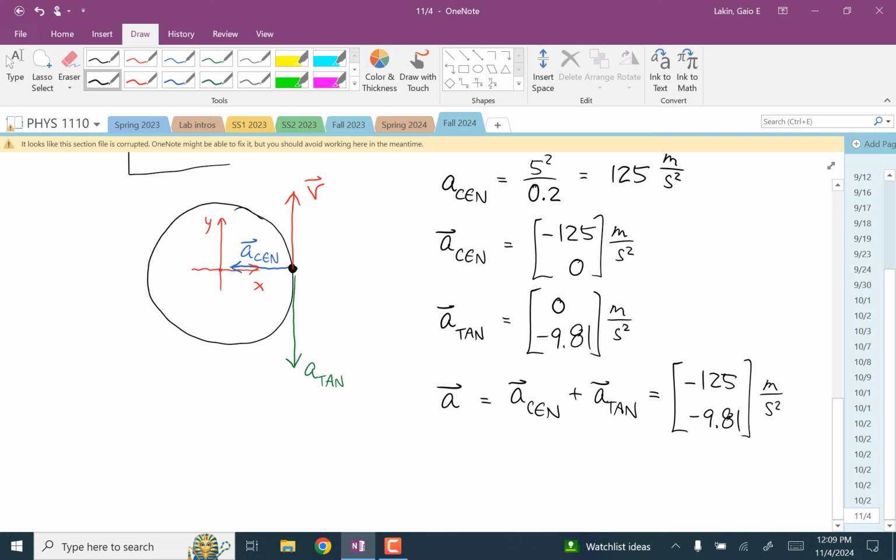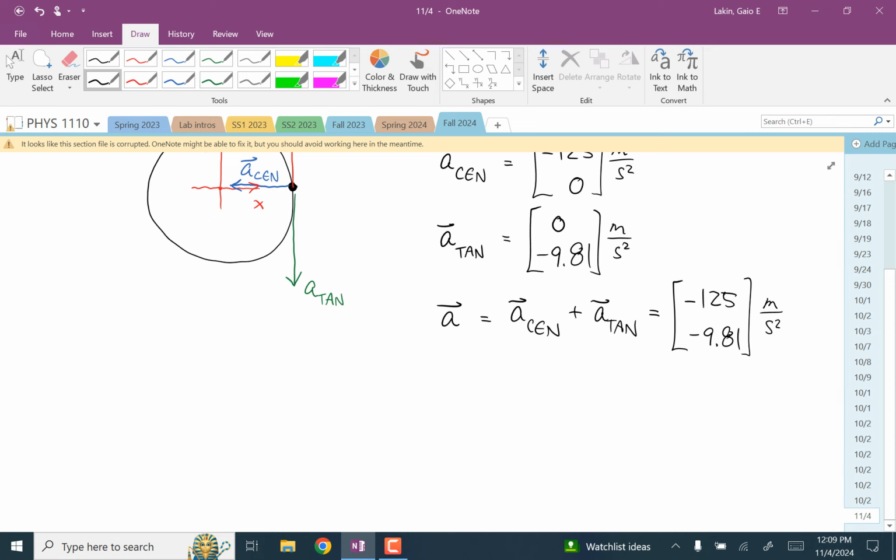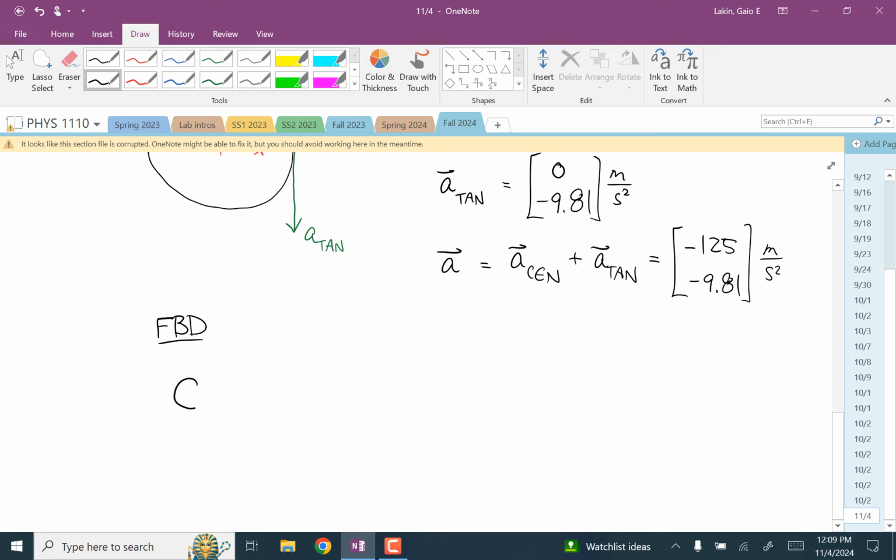Now we're going to go to the Newton's second law stuff, so we're going to do a free body diagram of the mass. Remember, for a free body diagram, you're drawing the weight force.